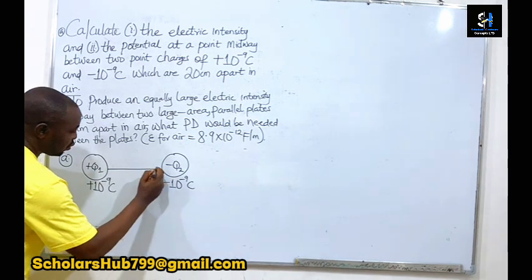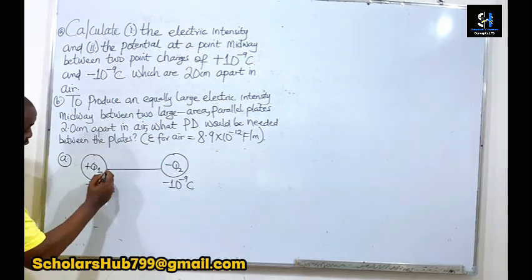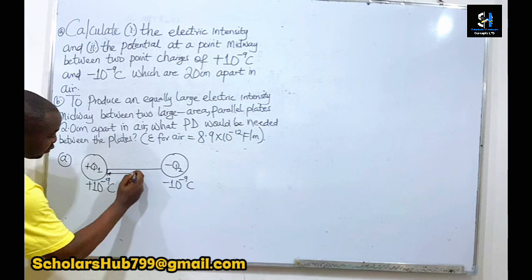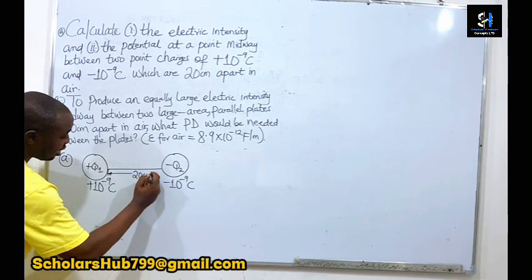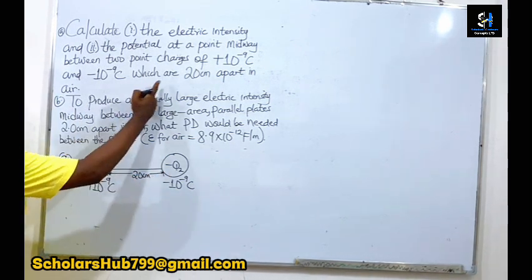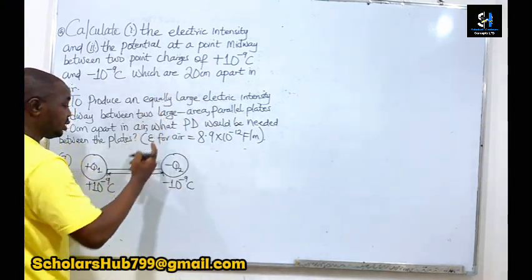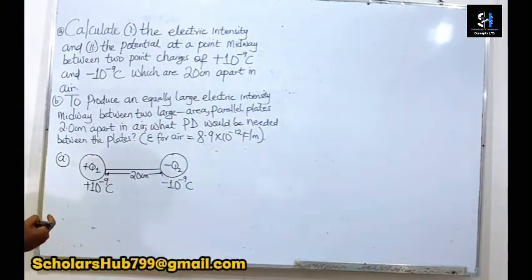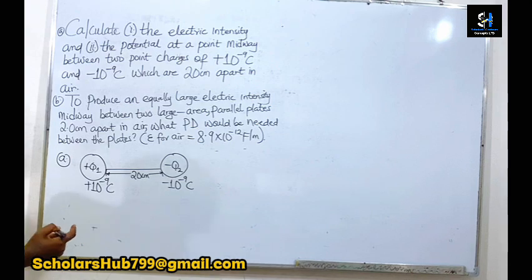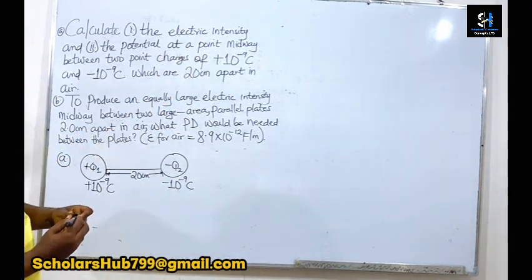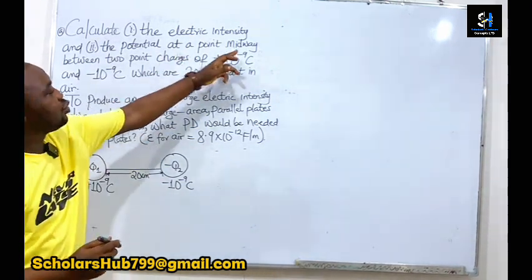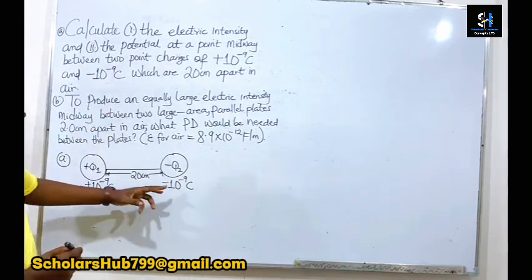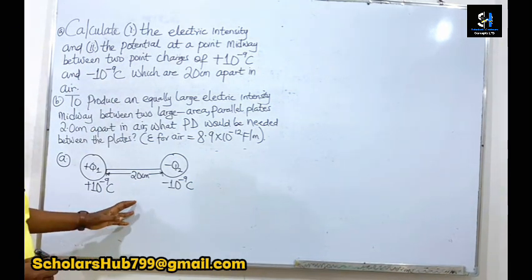The two conductors are separated by a distance of 20 centimeters in air. Now, our task is to calculate the electric intensity at a point midway between the two point charges.